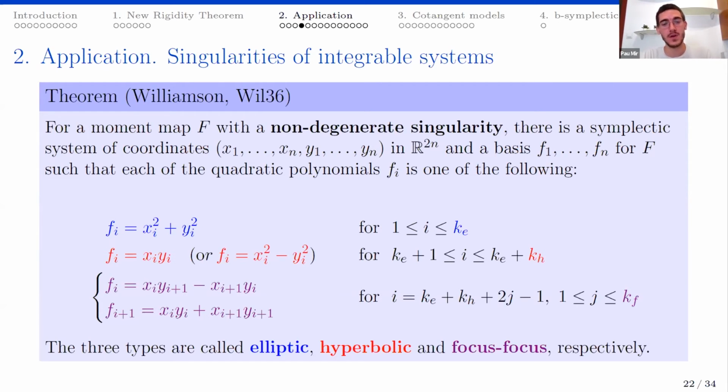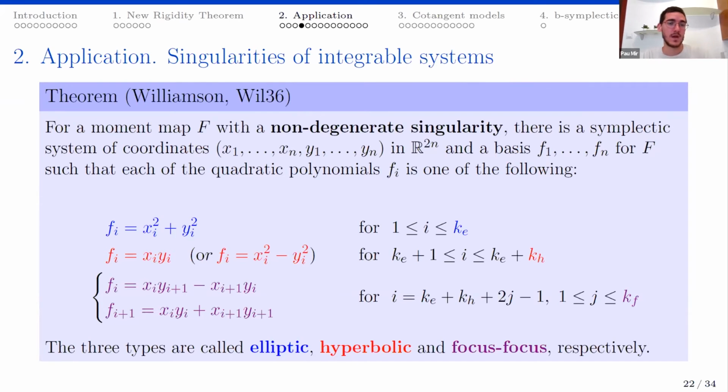And for the focus singularity, which is the special one of these three, you can only find it in manifolds of dimension at least 4, because it involves the combination of 4 different coordinates, different variables. The focus singularity needs 2 components of the moment map to be described, and needs 4 coordinates, and is described through this system of two moment map components, which is here in purple.